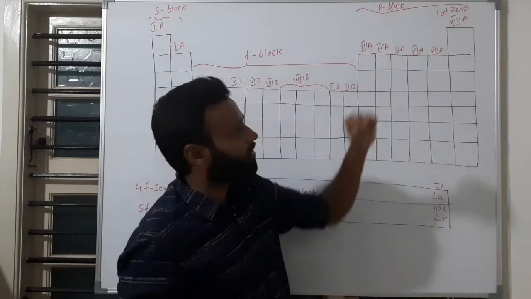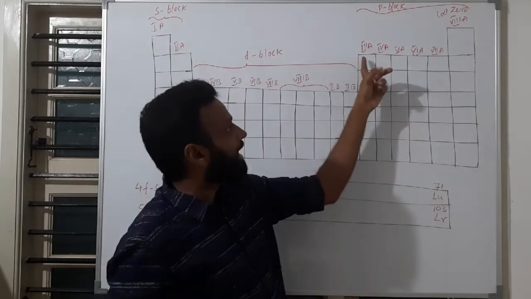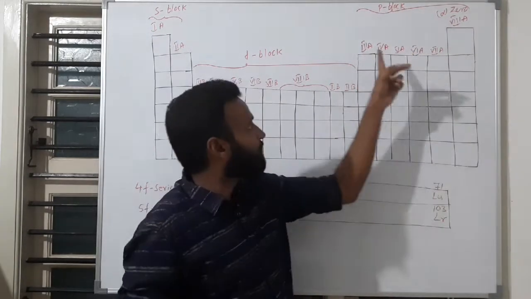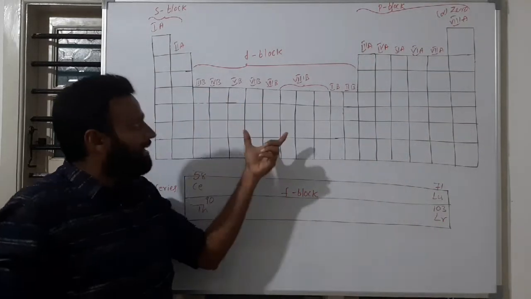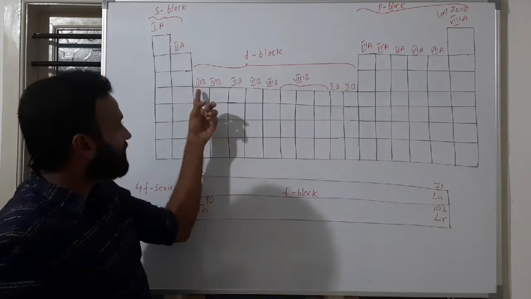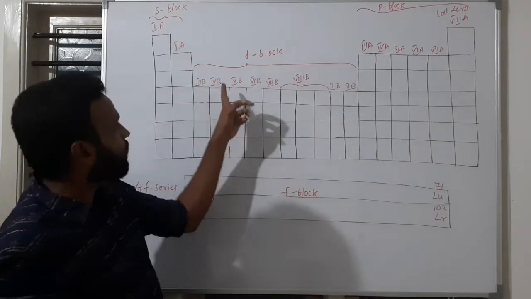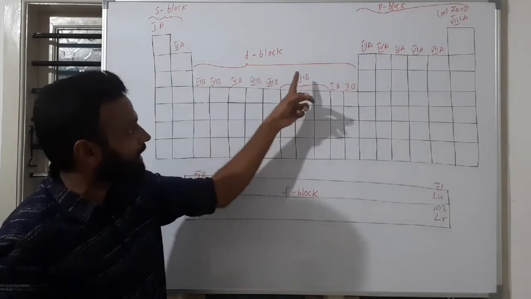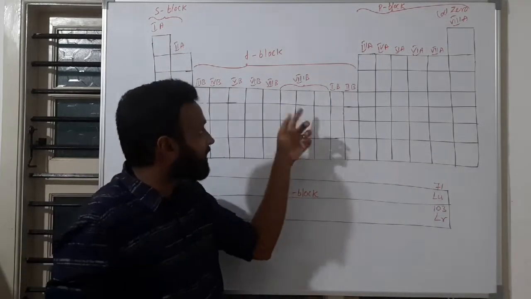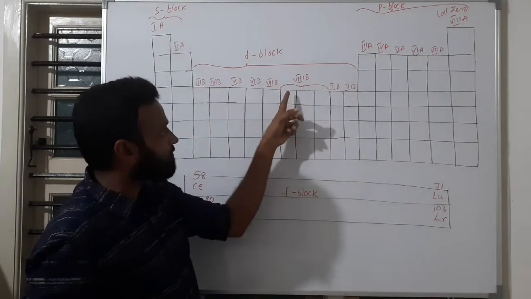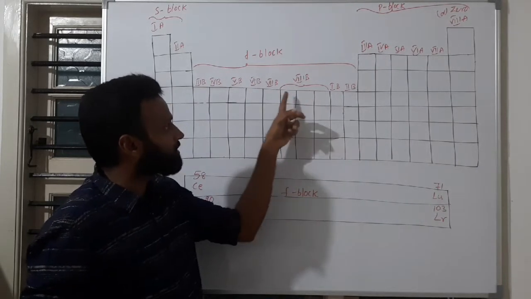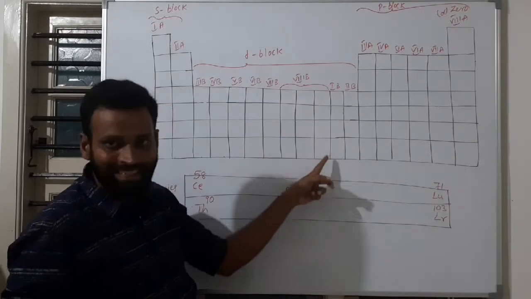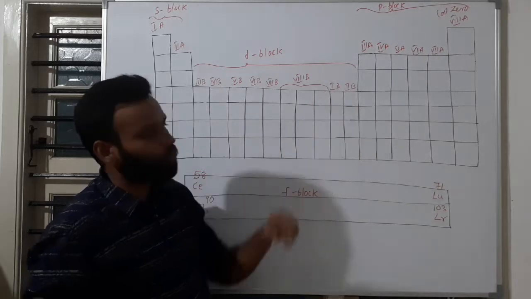Then you have the P block, having 6 groups from 3A to 8A. In the middle you have the D block, from 3B to 1B: 3B, 4B, 5B, 6B, 7B, 8B. This 8B consists of 3 vertical columns, like this: 1, 2 and 3. Then you have 1B and 2B.